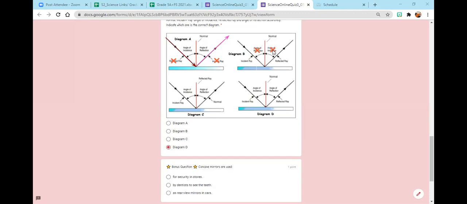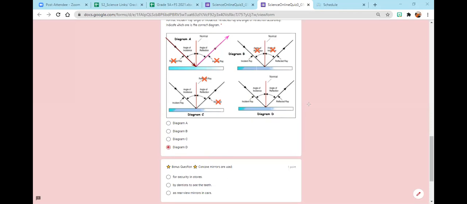What's the problem with diagram C? They put it needs to be normal. That's right. They have to be normal. They switched the normal and the reflected ray. This one is the normal. This one is the reflected ray. Okay, so diagram C is the correct one.